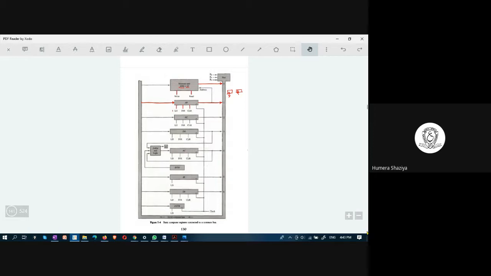And this side, if you look at the left side, it is output from the bus into the register or memory. Here the bus is loading. Trucks will get loaded.